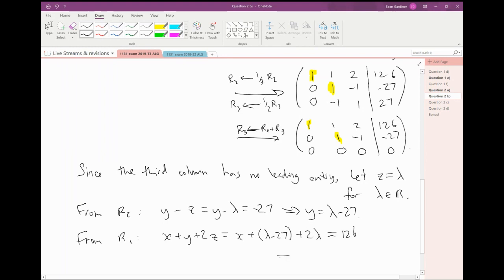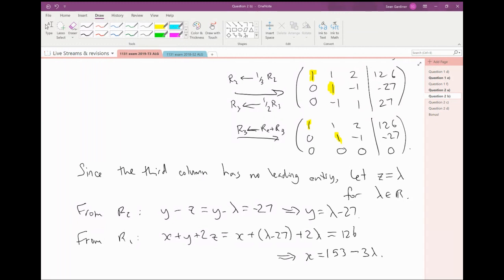Yep. And so with a little bit of rearrangement, I will get that x is just 153, I think. Yes. Yep. Minus 3 lambda. Okay. So there's my full solution.